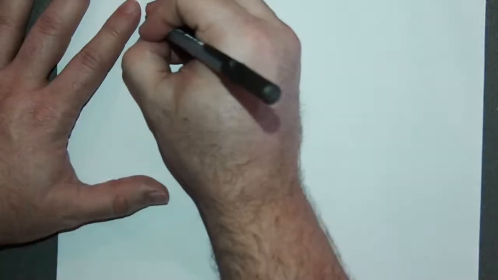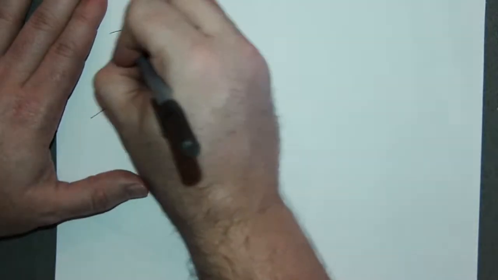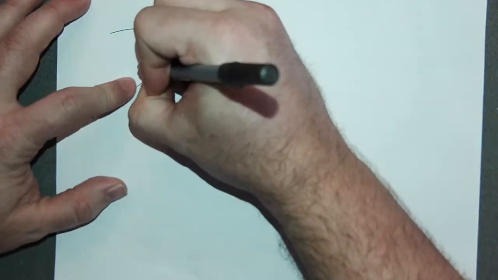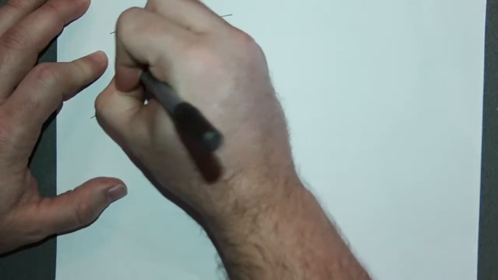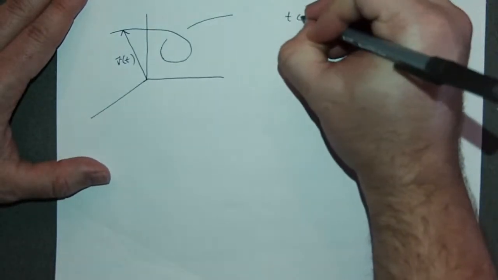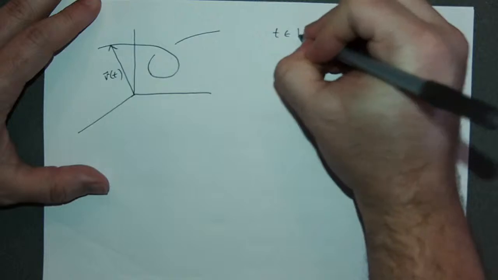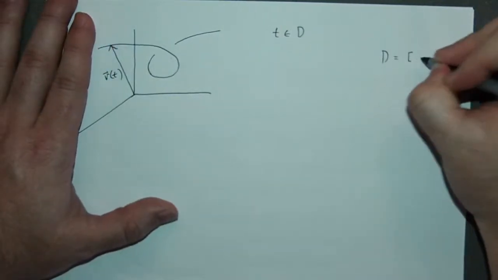So what is my idea? I have space here, and here's a curve in space. I want to think of a vector R of t as t varies, as t lives in some domain D. Oftentimes D is going to be a closed interval.